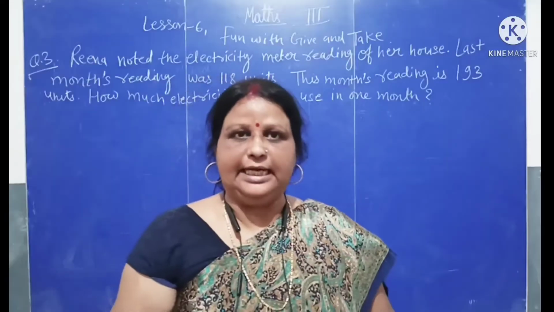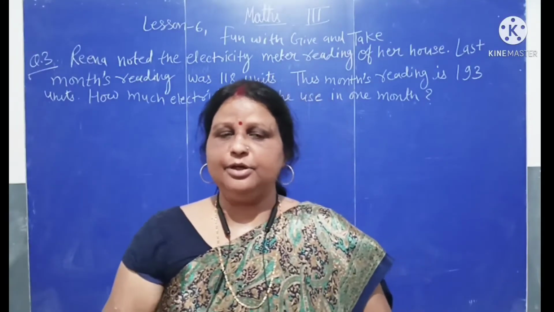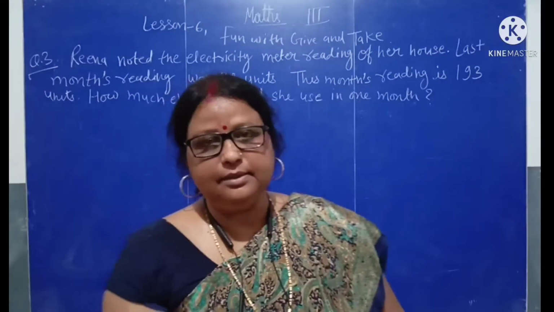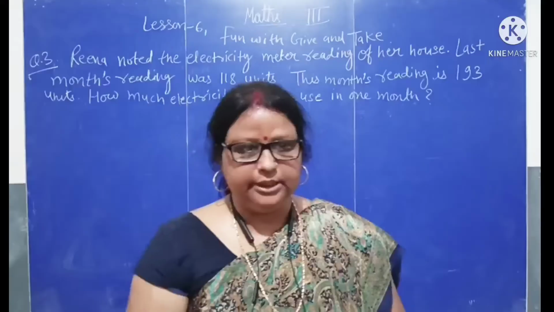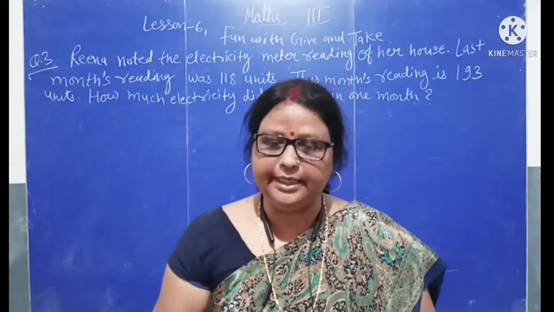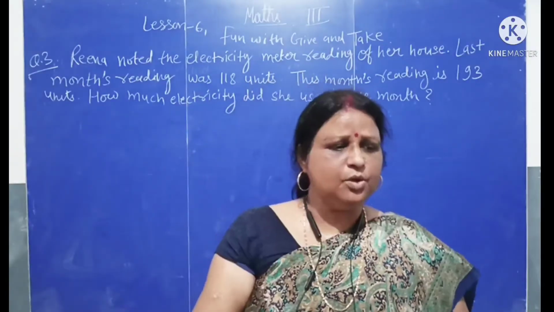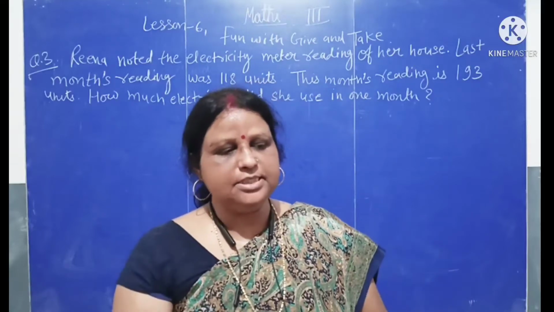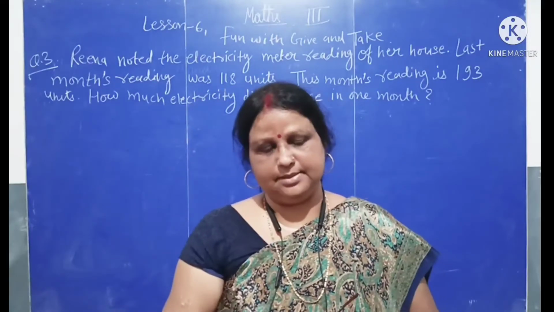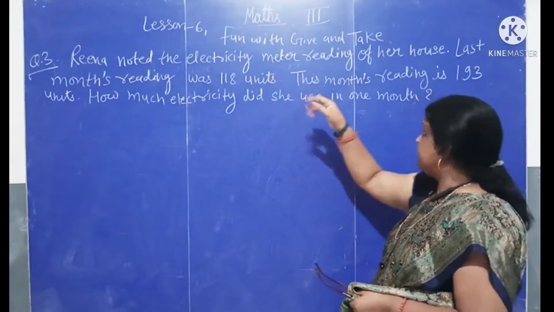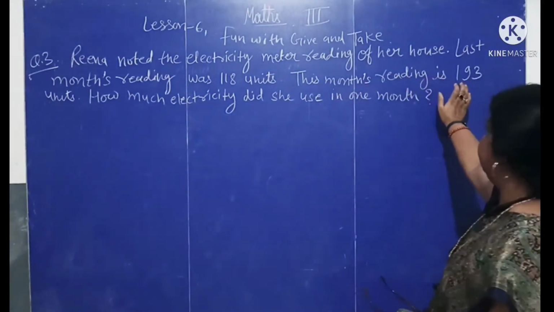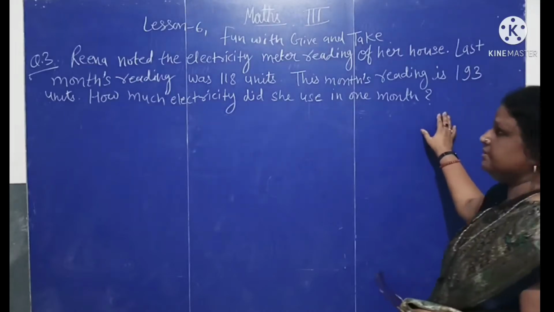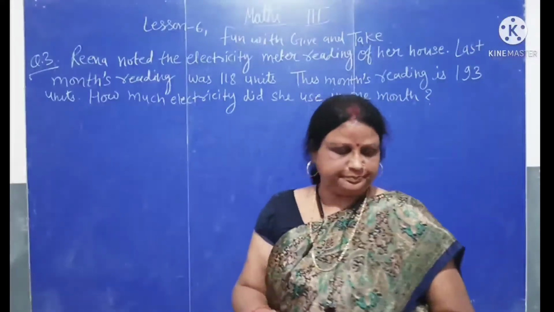When we receive the electricity bill every month, the units used per month are also added to the bill. So how do we know how much we have consumed this month? We will subtract last month's reading from this month's reading.